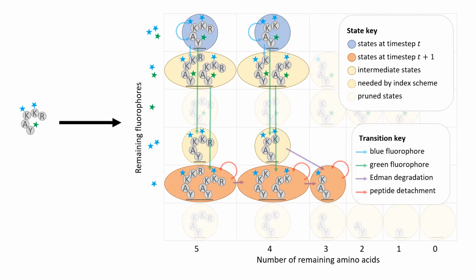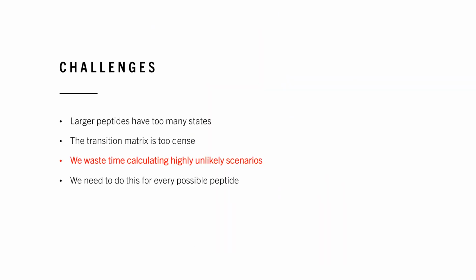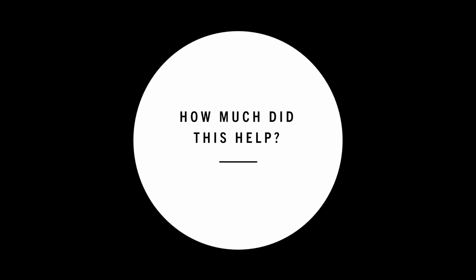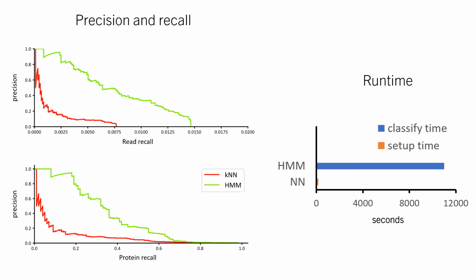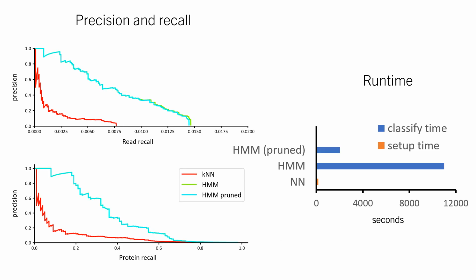And we can do that. And this is ultimately how we deal with this issue with all of these incredibly improbable states. And so let's see how much this helped. This is what we had before, and this is what we have now with this pruned model. The precision and recall are virtually identical, and the runtime is about 5 times better.